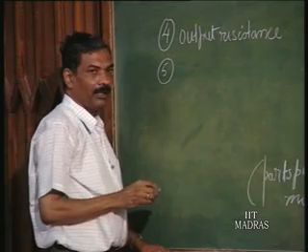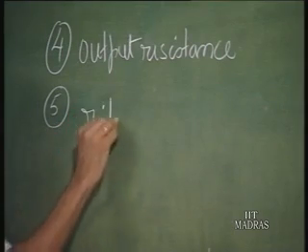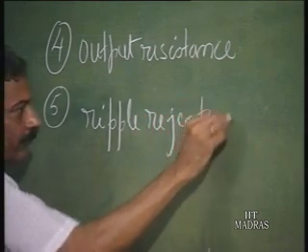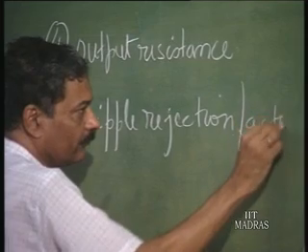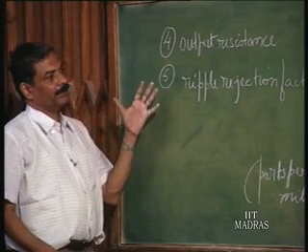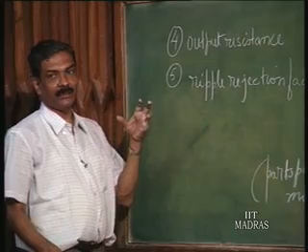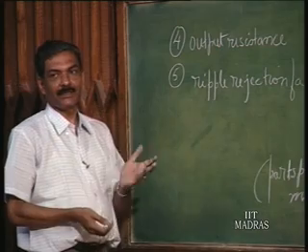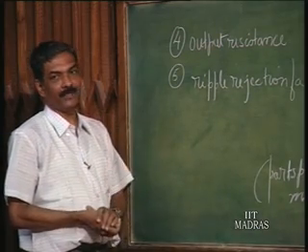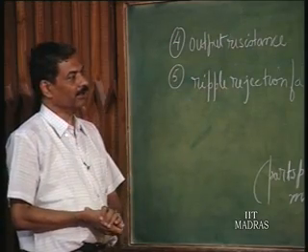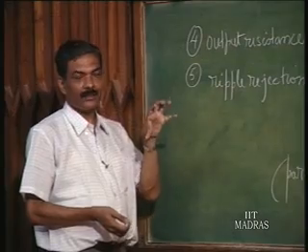Then what is called as ripple rejection factor. Basically, it tells you that input voltage unregulated is commonly derived from the line, power line, whose frequency is 50 hertz. Depending upon whether it is half wave or full wave, it will be having 50 hertz component or 100 hertz component, ripple riding over the input voltage.